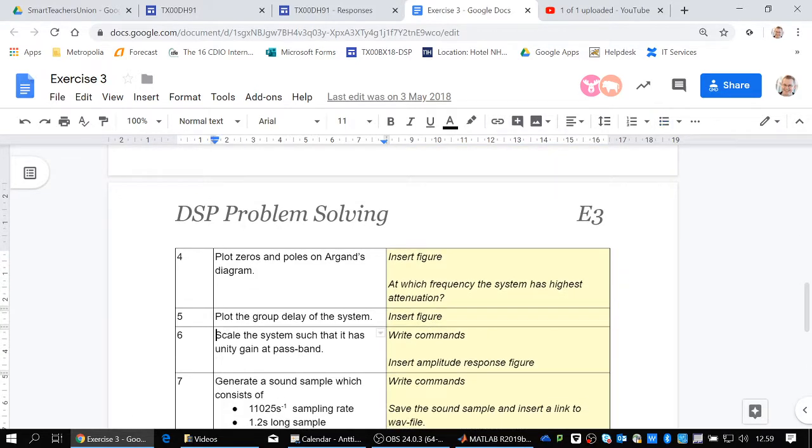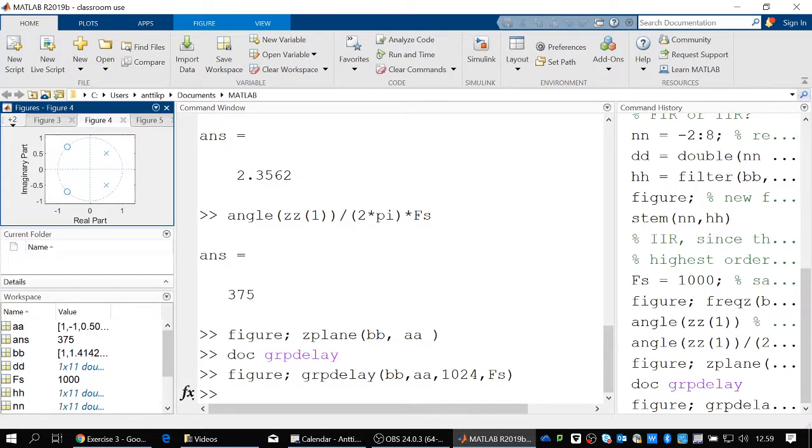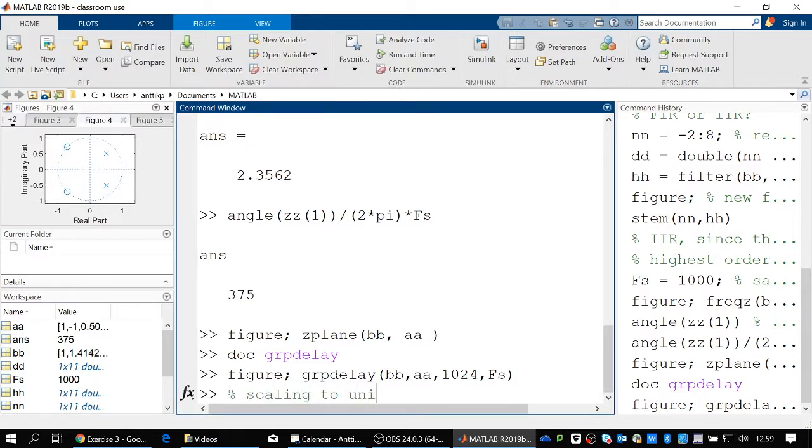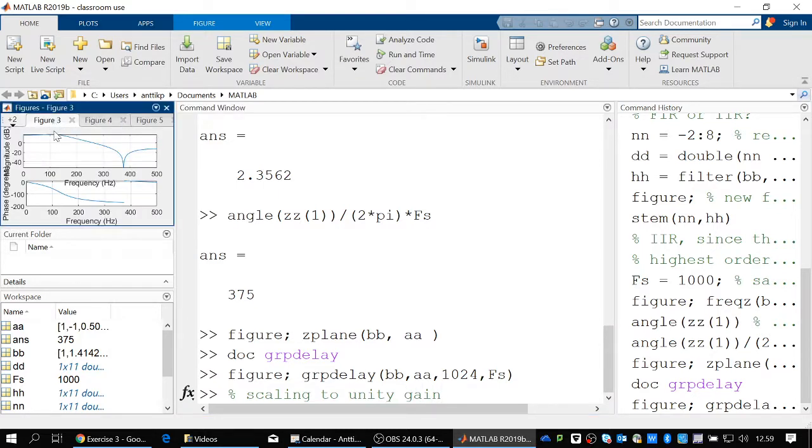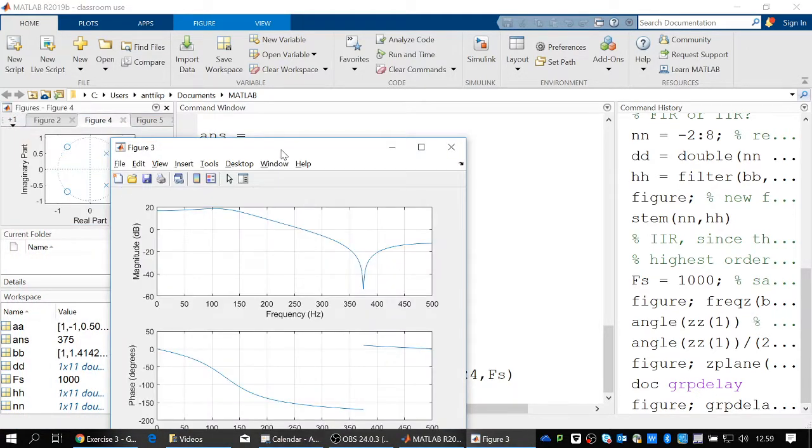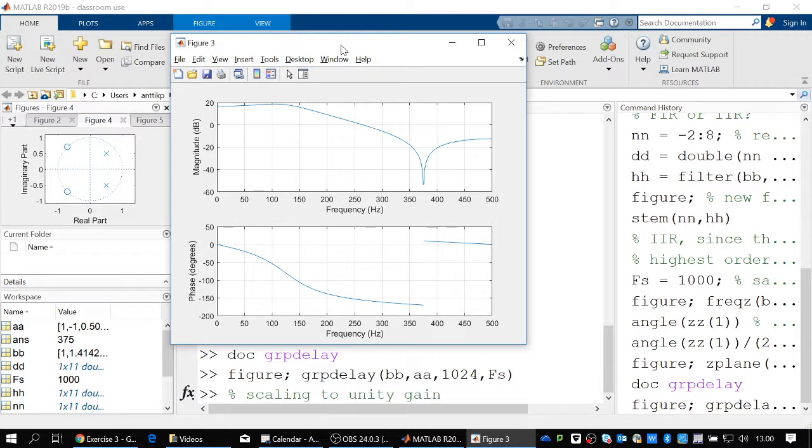Scaling. Scale the system such that it has unity gain in the passband. We do it the engineering way, meaning brute force. Who needs mathematics when you have brute force? Okay, so scaling to unity gain. Here I have it. The only problem with this amplitude response is that if it's a filter, it's not a good idea to have too much gain in the passband.